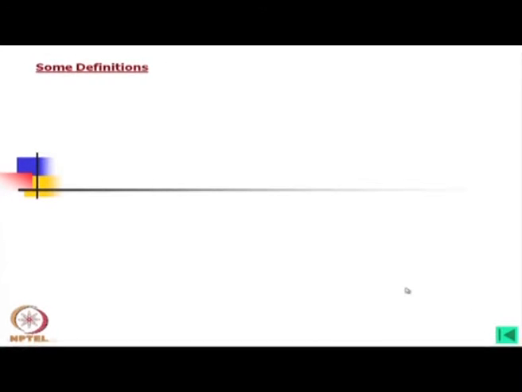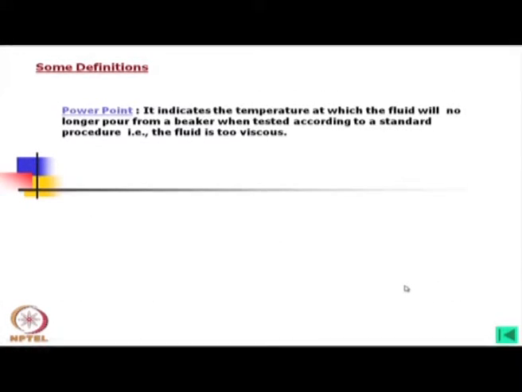Now, along with that we must know some definitions and terminology. Sorry, there is a mistake in this spelling, this is not PowerPoint, it is pour point, POUR. It indicates the temperature at which the fluid will no longer pour from a beaker when tested according to a standard procedure. This means that the fluid is too viscous.